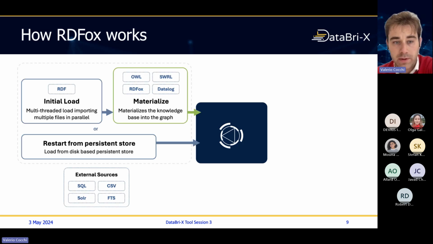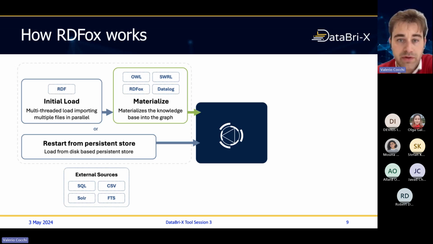How does RDFox work? What does a typical workflow for RDFox look like? Typically some data will be loaded. In Databrix, some of this data will be provided by the use case partners directly, some of it will be provided through PoolParty, and some of it will be provided by other partners. So we will load the data into RDFox.